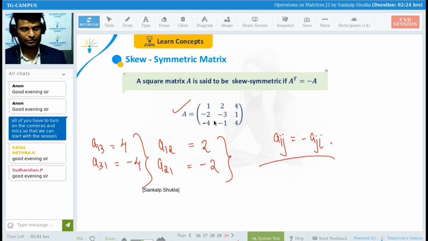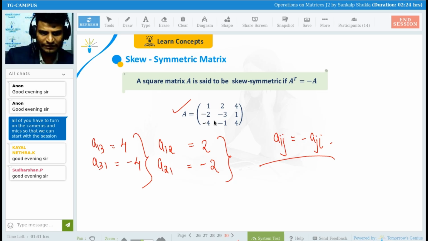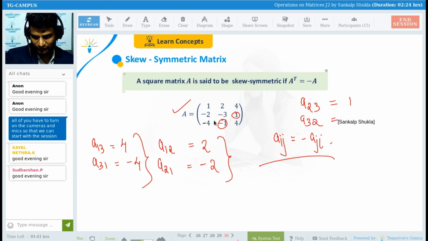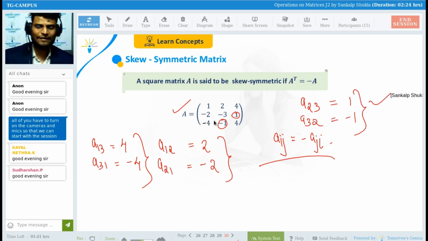So that property also holds on this pair. And then we will check A23. Second row third column is 1, and A32 is minus 1. So yes, that means entire Aij is equal to minus Aji. That means this matrix is skew symmetric. So please note down.